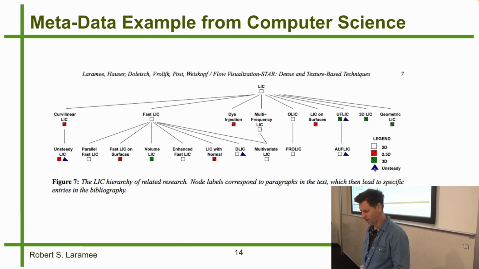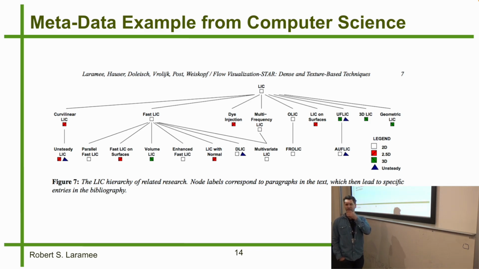So somebody said, okay, I can take this 2D algorithm, extend it to surfaces, and then take this surface-based algorithm and incorporate unsteady data. So you can see the contribution just visualized, as a visual representation.